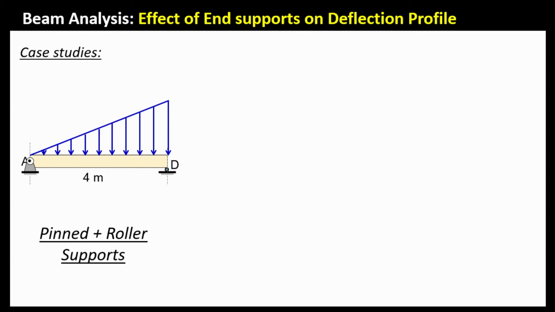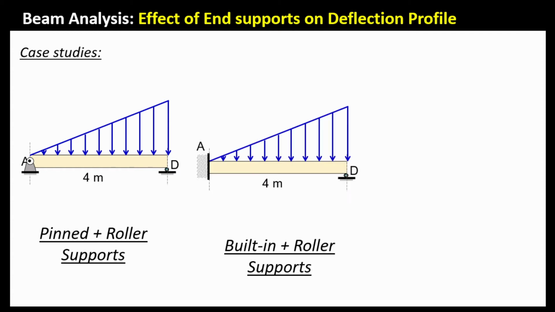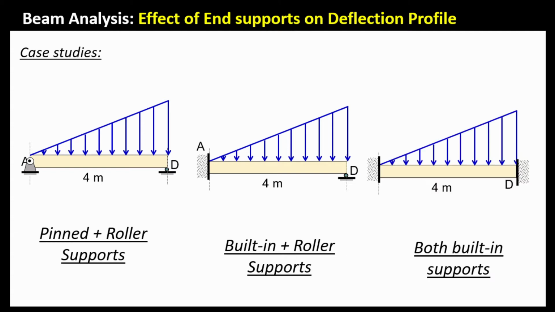First, the problem that's stated at first, which is a pin support and a roller support as shown at A and D. Then the second case, we replace the pin support at A with a built-in support, so it's basically buried securely into the wall, and we still retain the roller support at D. And then finally, we model a case like the beam that runs across our roof, so it's fixed at point A and also has a pin support at the other end. These are the three case studies that we're going to look at.